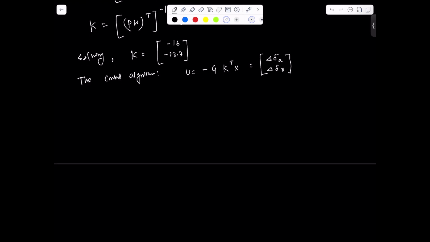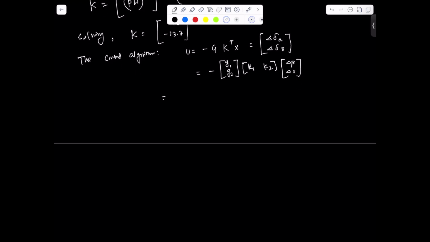And so here also we can write equal to minus G1 G2 into K1 K2, and we have the state vector delta beta and delta R.